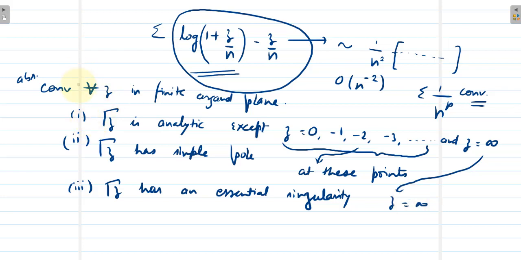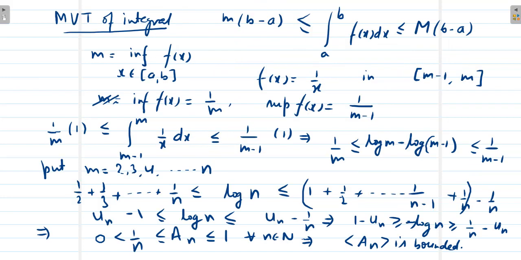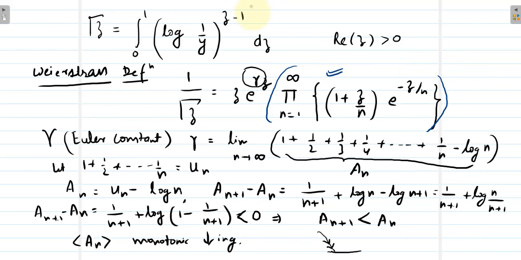Now, from where do these facts come, that gamma z is analytic except at these values? We just need to look at this definition. If we take the reciprocal on both sides, then gamma z involves 1 over z and also 1 over 1 plus z upon n.